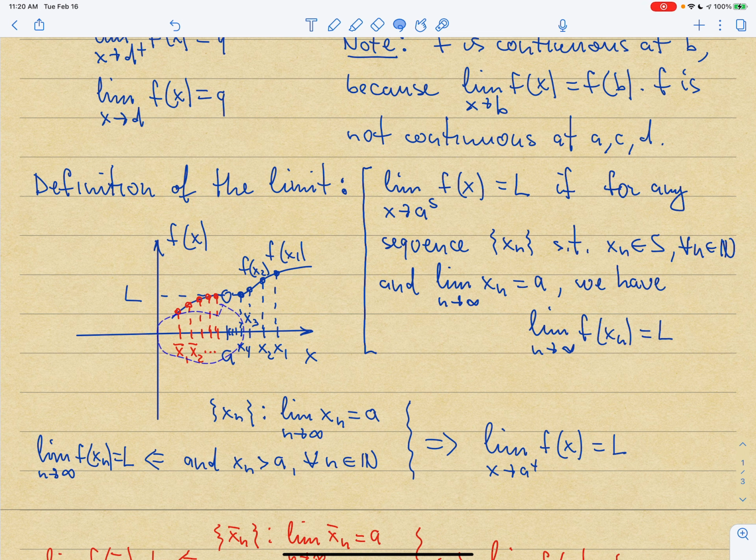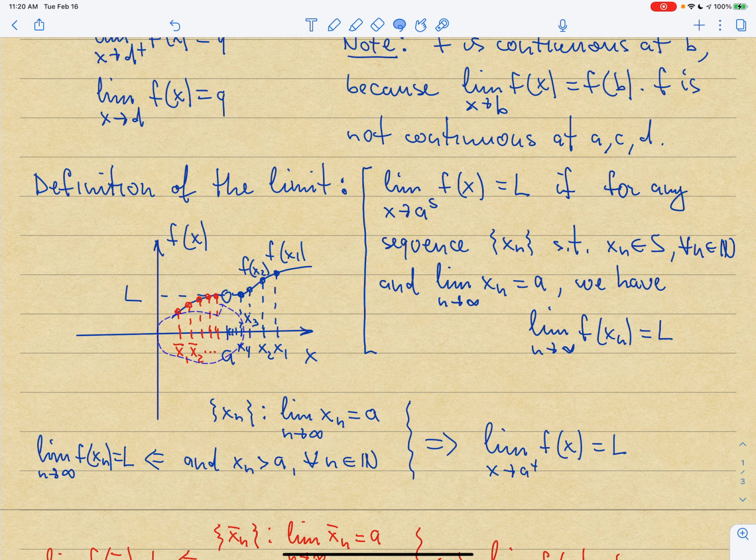I take my sequence from all points to the left of A. So then S is going to be a set which consists of all points that are less than A. And in principle, where my function is defined, because otherwise I will not be able to compute f of xn.